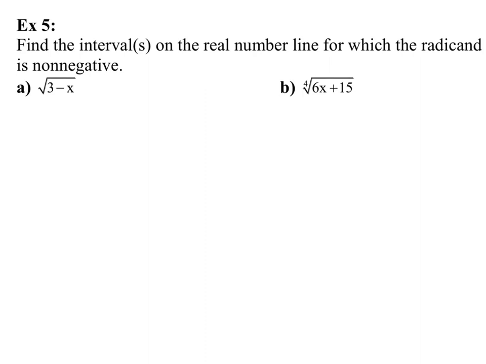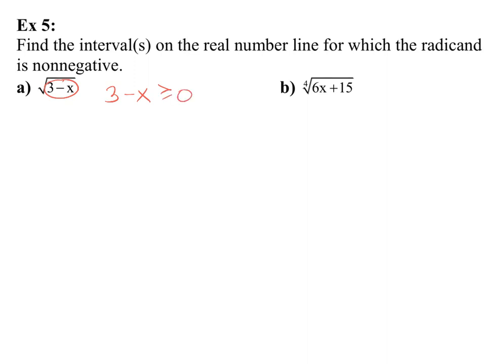Find the intervals on the real number line for which the radicand is non-negative. Meaning when you take the radical of this quantity, it can't be negative. If it can't be negative, that means it must be positive, or 0. So 3 minus x then has to be greater than or equal to 0.